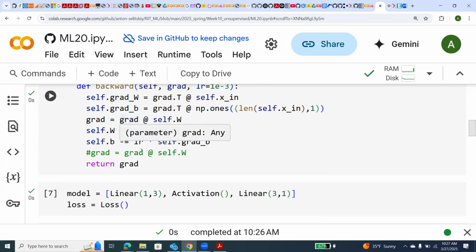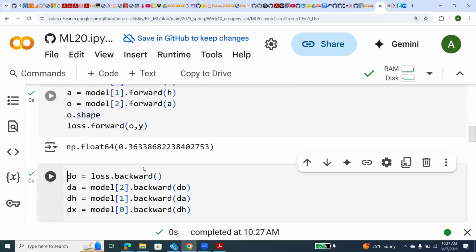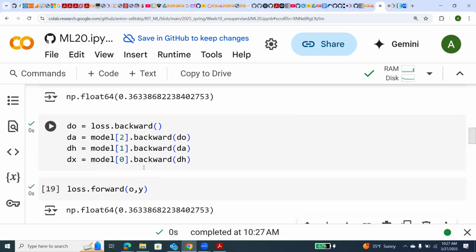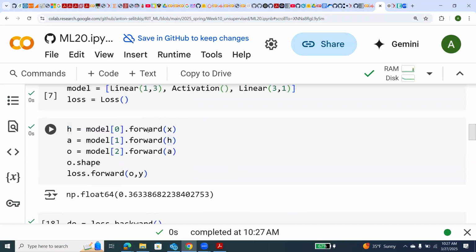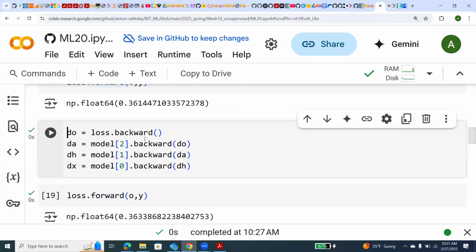Okay, I should apply backward, I believe, again. So, okay, yes, now the value is changed. If I apply it again, yeah, you can see that the value of loss function is changed because when I apply linear layer, every time I update also W and B. And ideally, the new value should be smaller than the previous one. And in fact, this value is smaller than the previous one. So the gradient descent rocks.